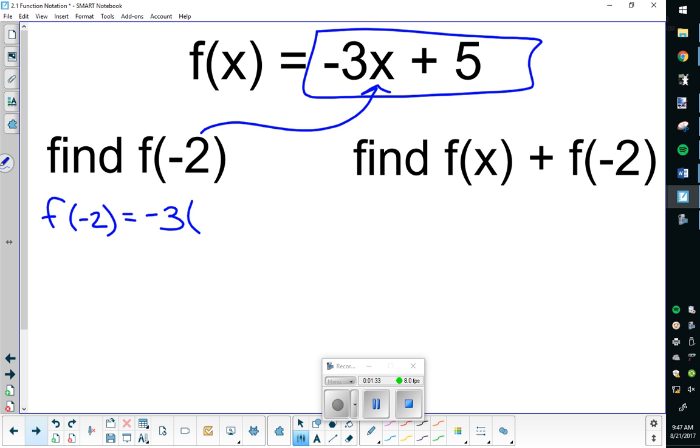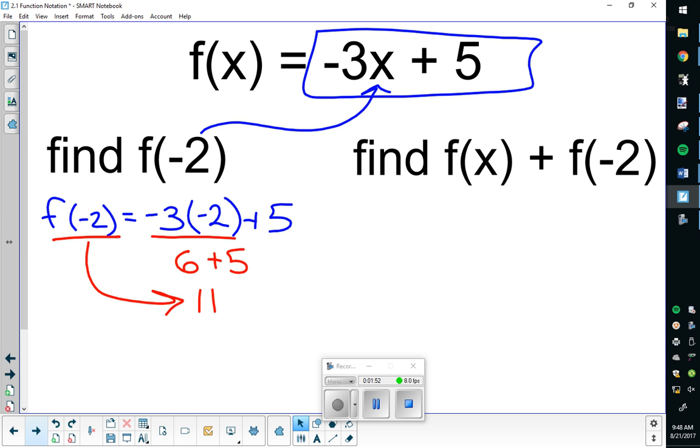So it's going to be negative 3, instead of x, she's going to plug in negative 2, plus 5. And we just got to do some multiplication. Negative 3 times negative 2 is 6, plus 5 is 11. So what does f of negative 2 equal to? It's 11. It's just what you get when you plug it in.